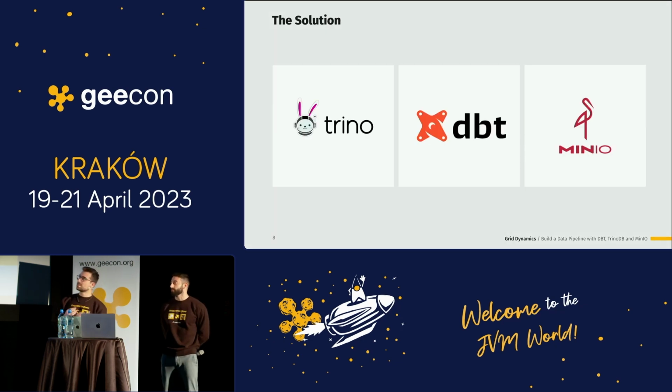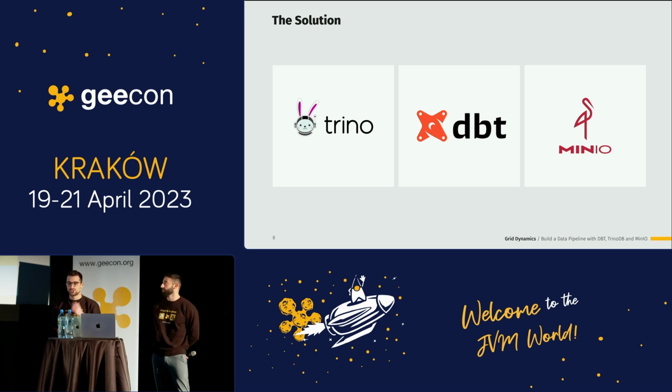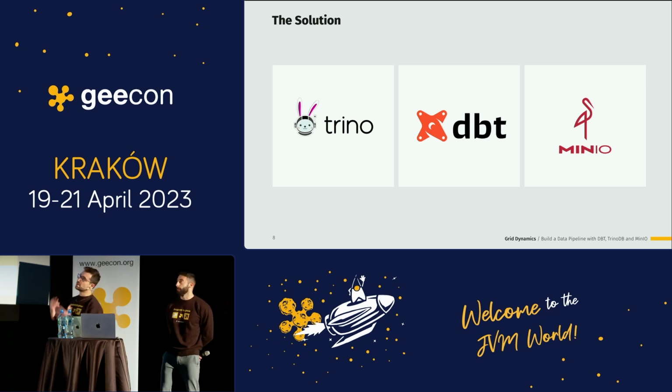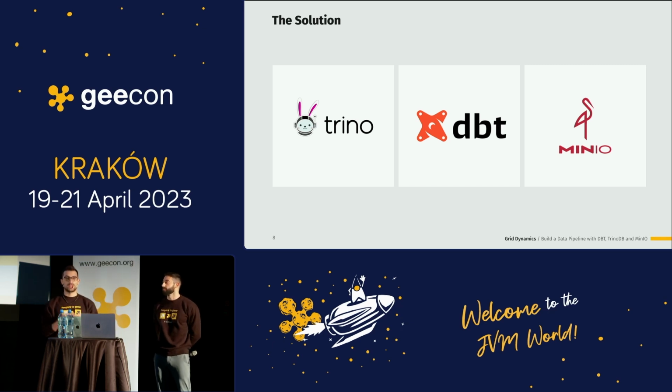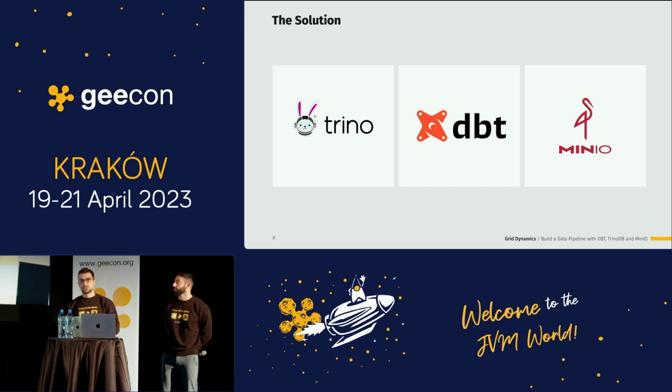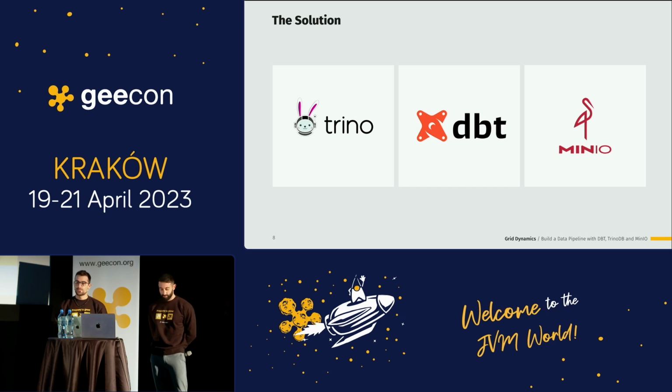So after so much research, POCs, and tests, we landed on something that is pretty light, open source, and especially for our case, cloud agnostic. What we landed with is Trino. For who doesn't know, it is the former Presto. Francesco will talk more about it later.